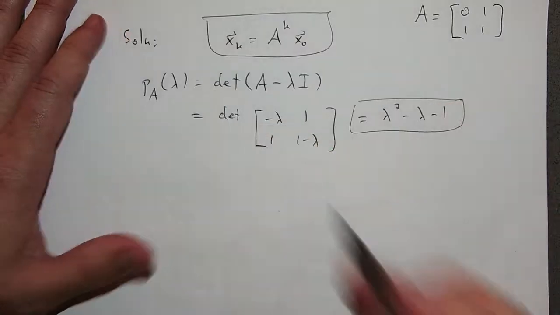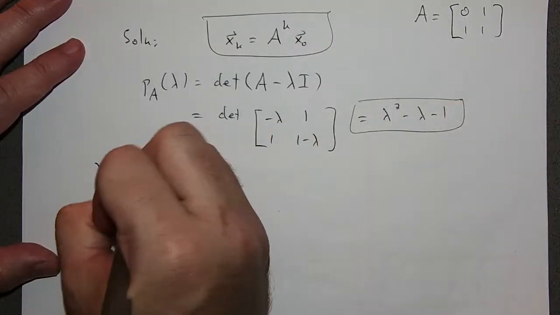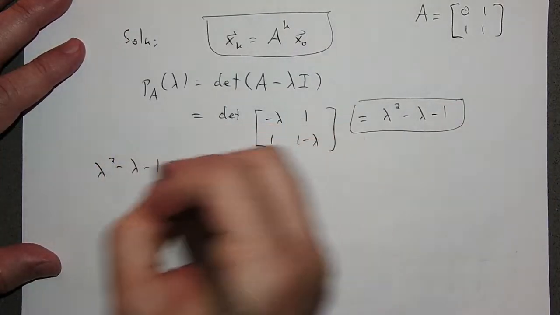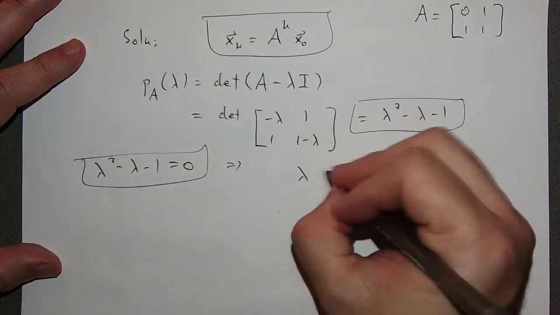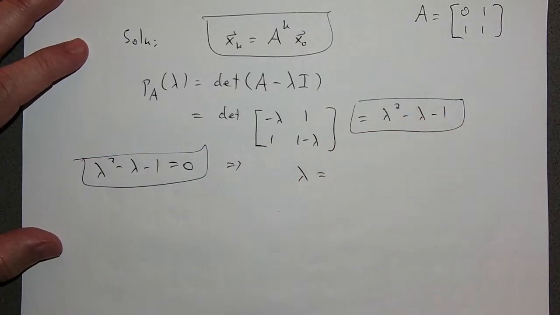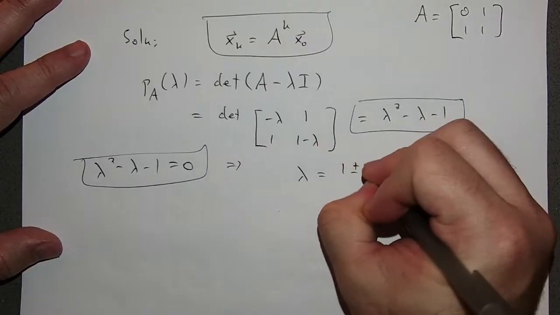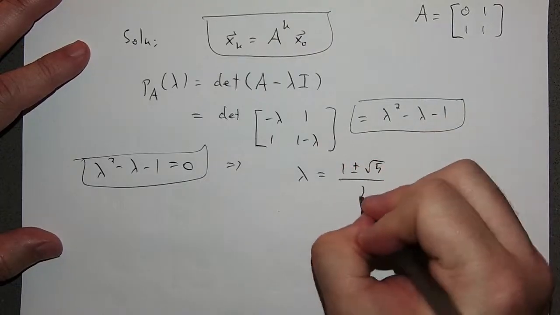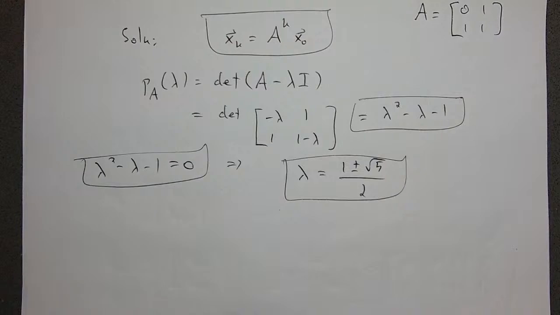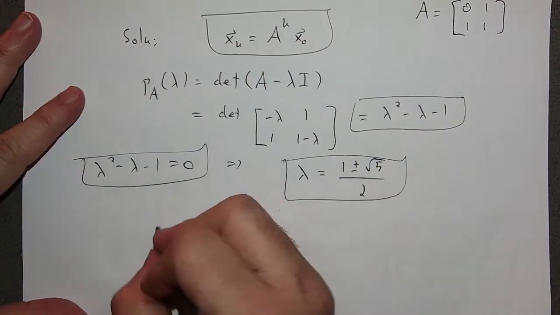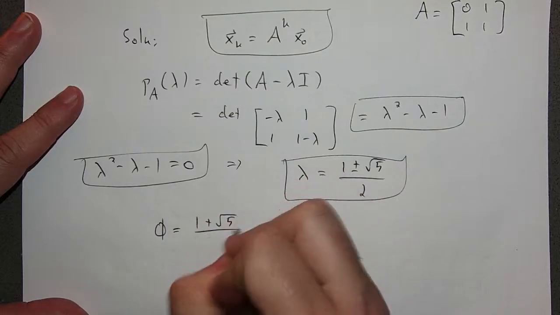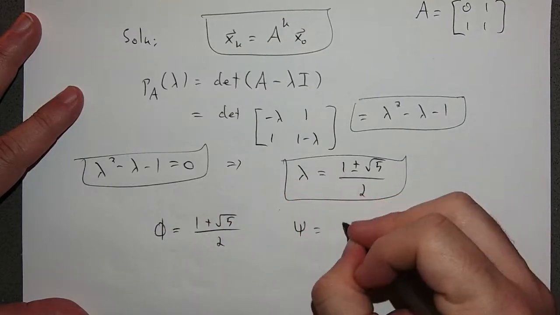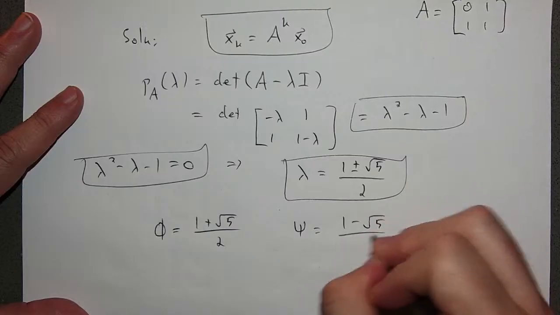So I'm looking for roots here. Lambda squared minus lambda minus 1 is equal to 0. Using the quadratic formula, lambda is 1 plus or minus the square root of 5, over 2. So this has two eigenvalues, which I will denote as phi and c. The first one is phi, 1 plus square root of 5 over 2. c is 1 minus square root of 5 over 2.